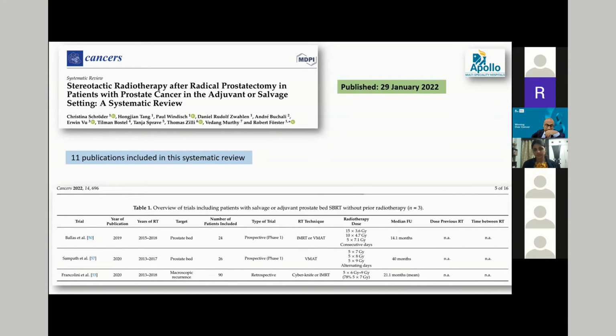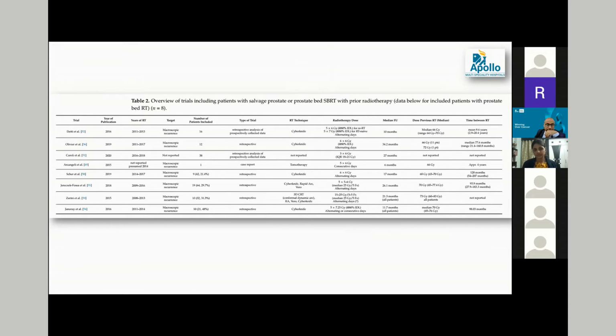So there are three studies of SBRT without prior radiotherapy, and there are a few other studies for prostate-bed SBRT with prior radiotherapy. So these are radical prostatectomy patients who had received radiotherapy also and who have been salvaged with SBRT. And as you can see, the doses are around 30 gray in 6 fractions or 5 into 7 gray, 6 into 6 gray. Almost they are similar in these multiple studies.